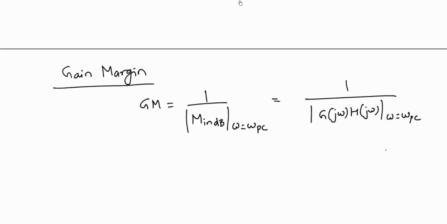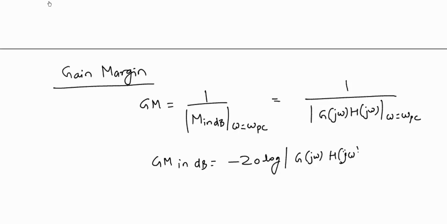This is in linear scale, and if you consider gain margin in dB, this will be minus 20 log of mod of G of j omega into H of j omega at omega equal to omega pc. So this is the definition of gain margin.